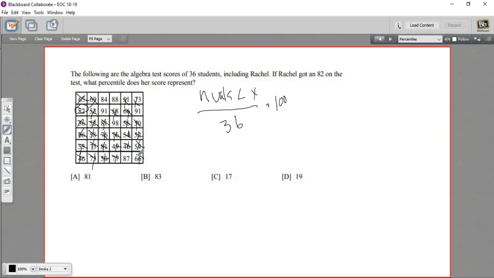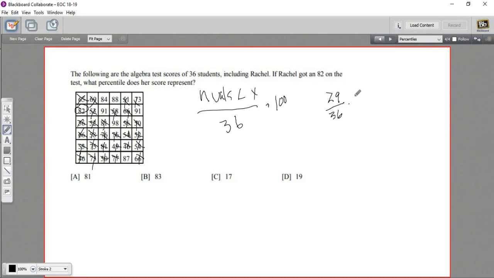So let's count those up. 1, 2, 3, 4, 5, 6, 7, 8, 9, 10, 11, 12, 13, 14, 15, 16, 17, 18, 19, 20, 21, 22, 23, 24, 25, 26, 27, 28, 29. So 29 values are lower.